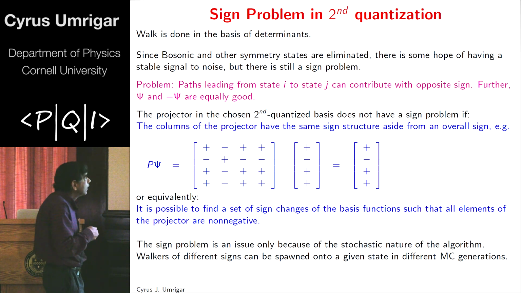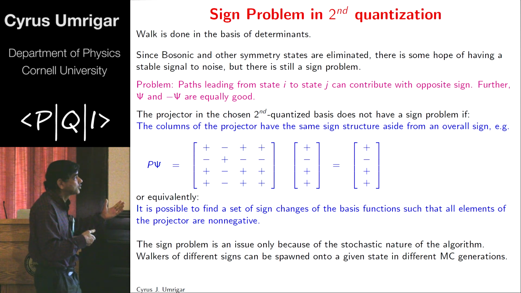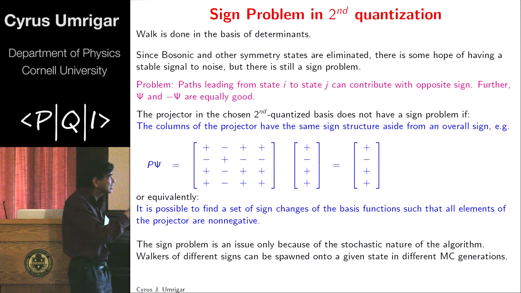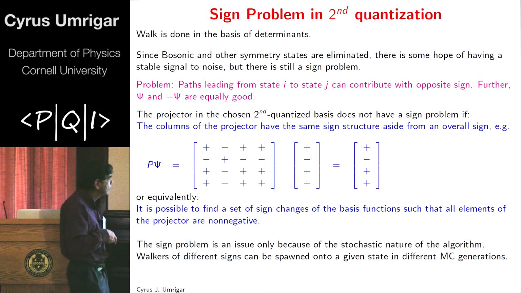Very often people say that there is no sign problem if the projector is entirely positive. That is a sufficient condition, but it's not a necessary condition. The necessary and sufficient condition is that the sign structure is the same. And if the sign structure is the same, I can redefine my basis states simply by switching the sign of this state such that my projector becomes entirely positive.